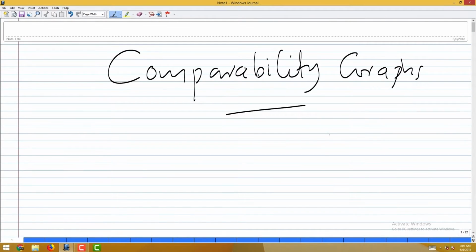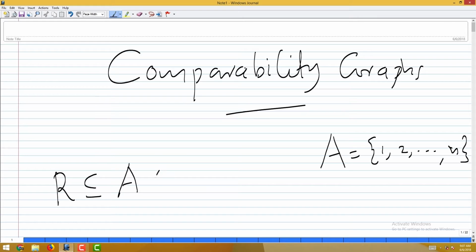On an n element set A equal to 1, 2, 3, up to n, you can take any subset of A cross A, the Cartesian product of A, and that will be a relation, because it will be pairs, say 1, 2, 3, 2, like that. Any subset you can take, even an empty set is fine.